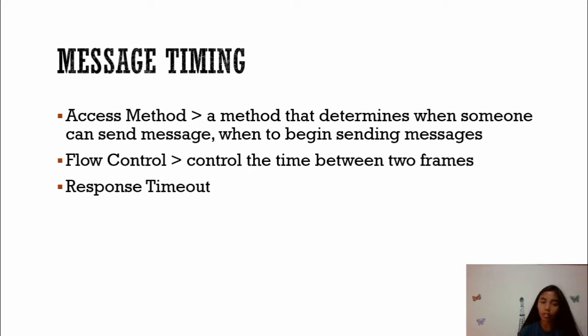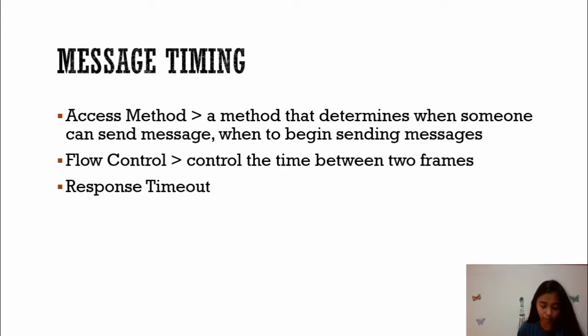For example, if one person speaks quickly, it is difficult for the other person to hear or understand the message. In network communication, the source and the destination hosts use flow control methods to negotiate the correct timing for successful communication.